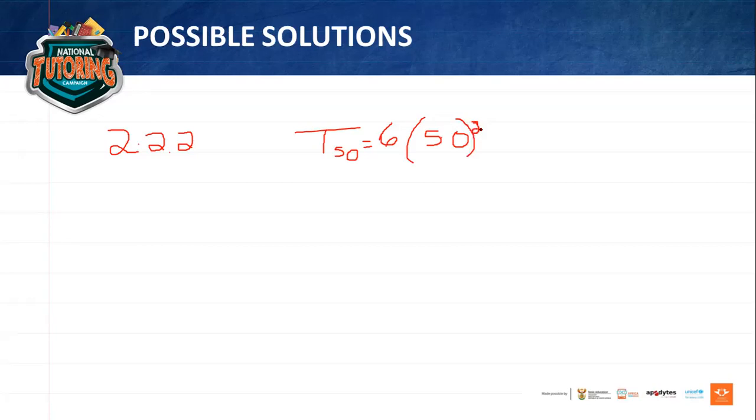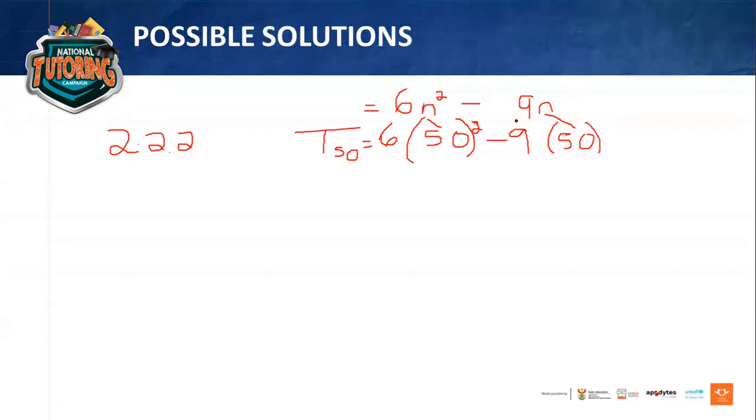Guys, this is substituting in the formula that we just got. Just to remind you, the formula was 6n squared minus 9n. So where we see n, we put 50.